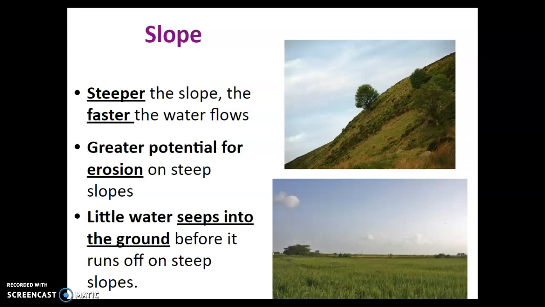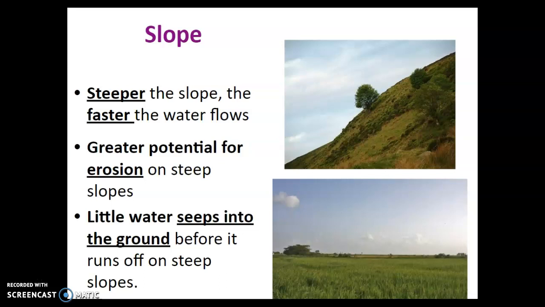So if we're looking at elevation or the slope of an area, we're more likely to get surface water in an area with a more intense slope because it will run down faster and the water really won't have the opportunity to sink into the ground and infiltrate into groundwater. So flat areas typically will have more of an opportunity for that rain to sink in and infiltrate and recharge the groundwater.